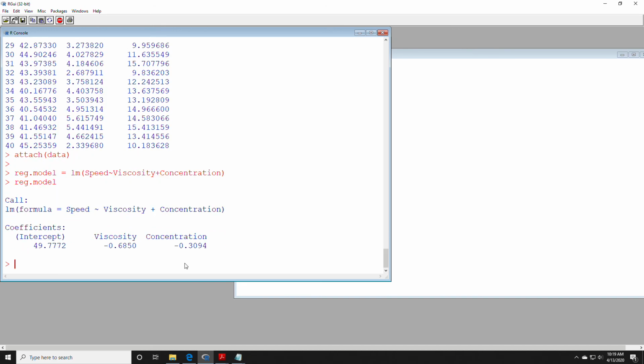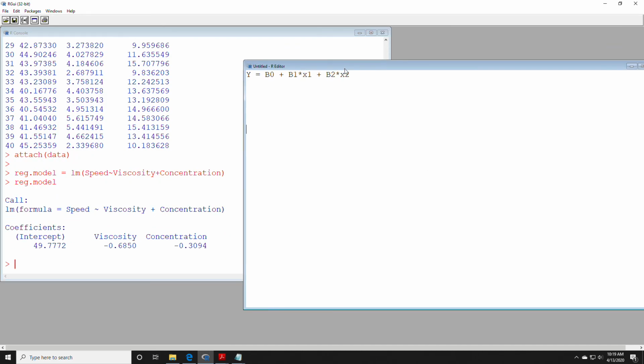So let's look at it. This is my estimated model. So y hat, my estimated particle speed, is equal to 49.8 minus 0.69 times viscosity minus 0.31 times concentration.